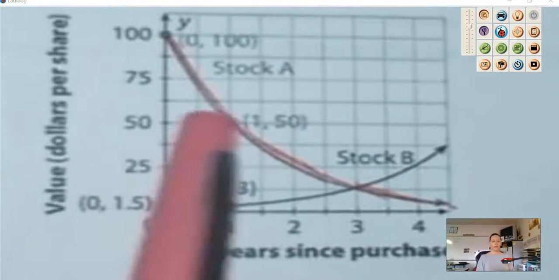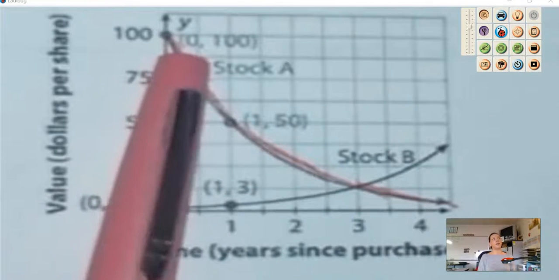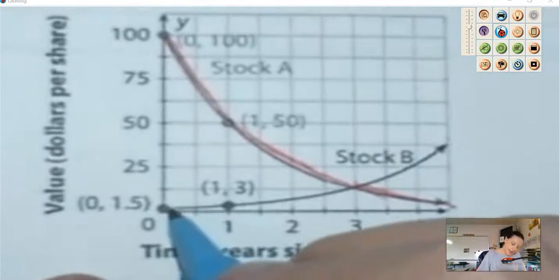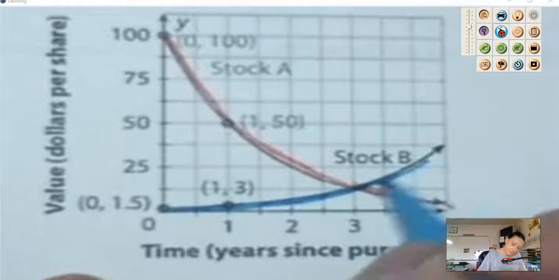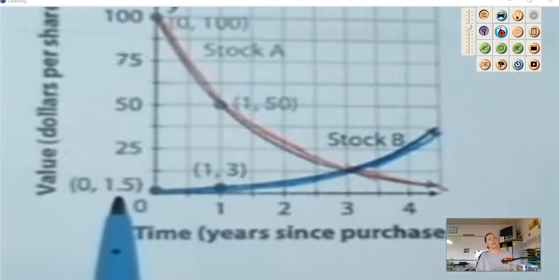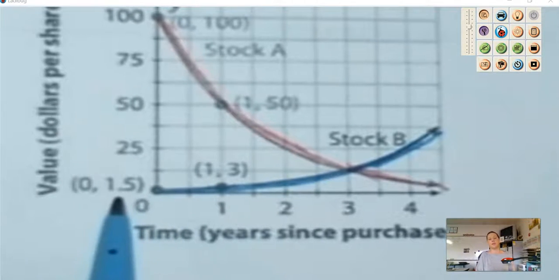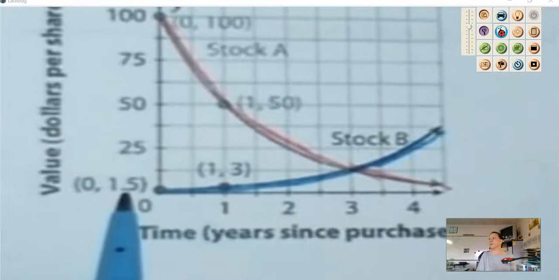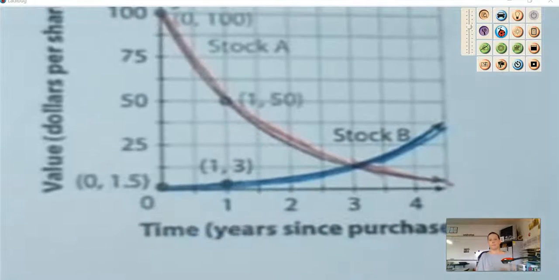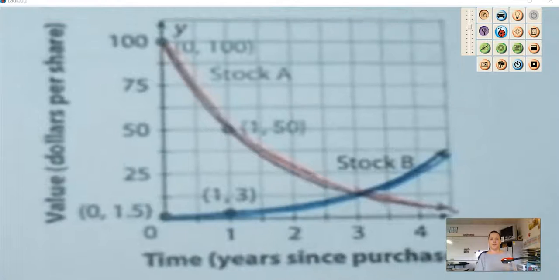If you can't read this, the points for stock A are 0, 100 and 1, 50. And then stock B, if you can't see these numbers, stock B is starting at 0, 1.5. That point says 0, 1.5, and this says 1, 3. Okay, go ahead and finish this one.